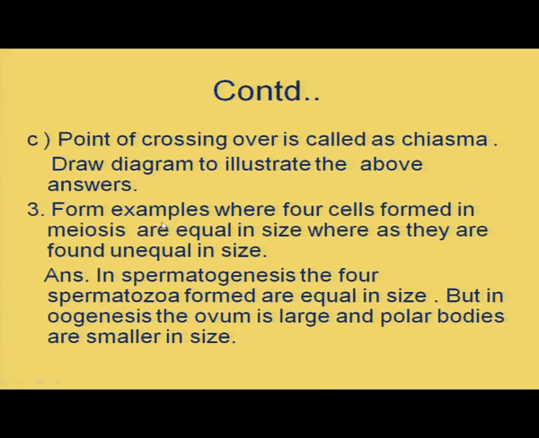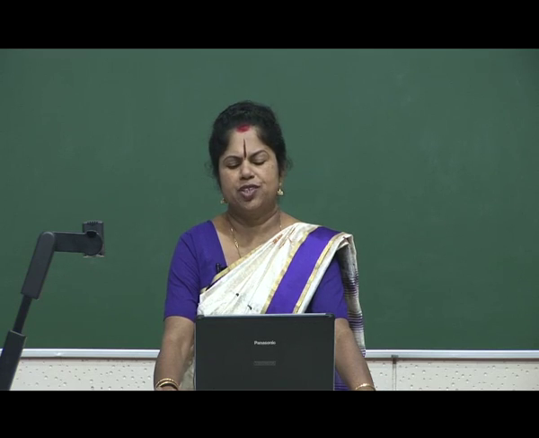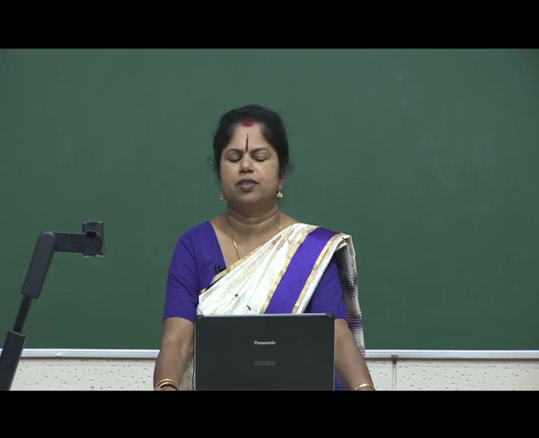Give examples where the 4 cells formed in meiosis are equal in size, and where they are found unequal in size. In spermatogenesis, the 4 spermatozoa formed will be equal in size, but during oogenesis, ovum formation, the ovum is large and the polar bodies are smaller in size.